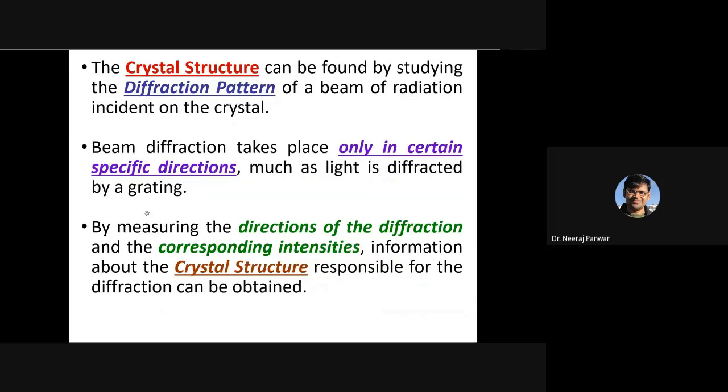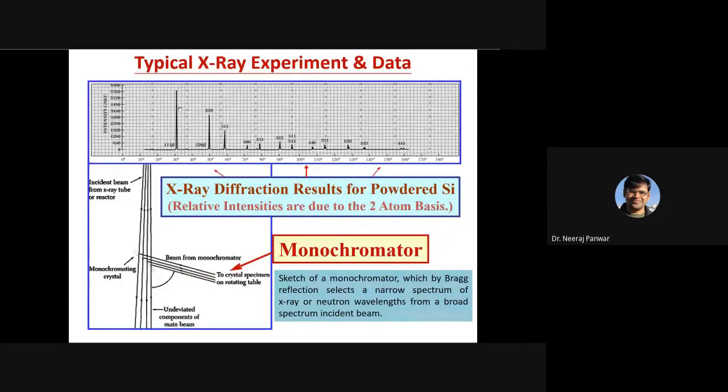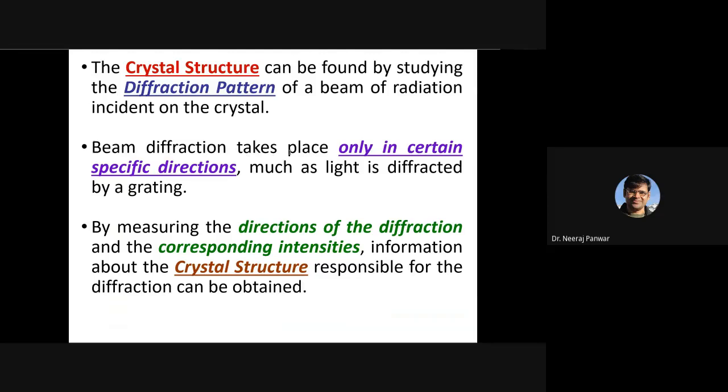Beam diffraction takes place only in certain specific directions. As you have seen, we obtain these peaks only at particular angles, and in between them there is no intensity. The intensity is 0. So beam diffraction takes place only in certain specific directions, much as light is diffracted by a grating.